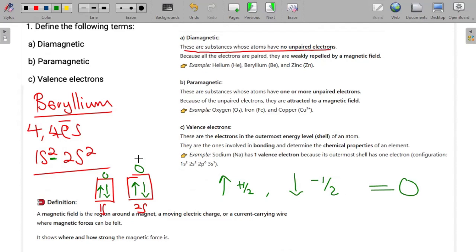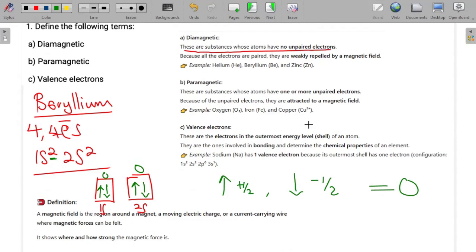A substance that contains atoms with no unpaired electrons is what we call diamagnetic. Examples are beryllium, helium, or even zinc. It's diamagnetic because all its electrons are paired, and none of them is unpaired.